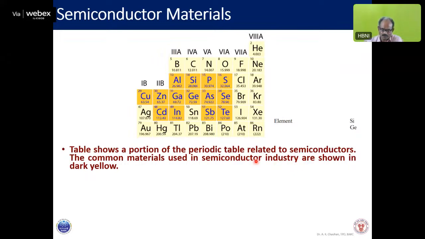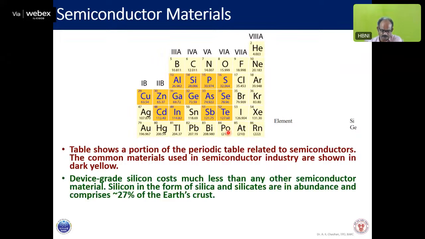The common materials used in semiconductors are shown in dark yellow. These are elemental, and these other elements are used as semiconductors in the semiconductor industry. Silicon is the most important material as far as devices are concerned, because it is very cheap and available in abundance.